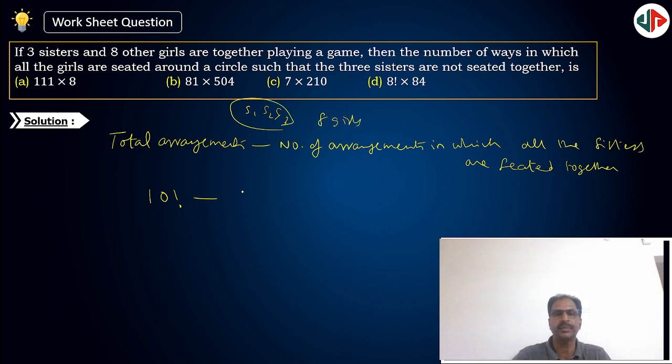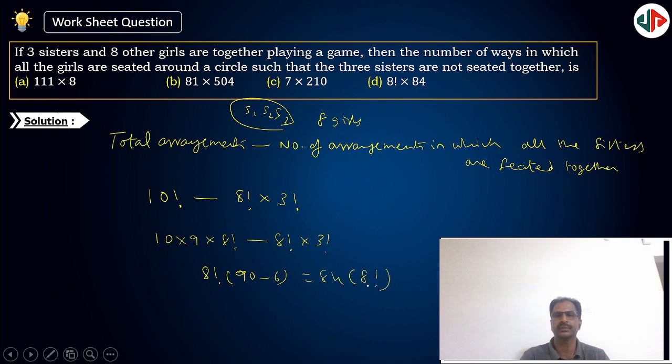Altogether 9 units can be arranged in 8 factorial ways and 3 sisters among themselves can be arranged in 3 factorial ways. So this 10 factorial can be written as 10 into 9 into 8 factorial minus 3 factorial into 8 factorial. Take 8 factorial common. So this is 90 minus 6, which is 84. So 84 into 8 factorial, option B.